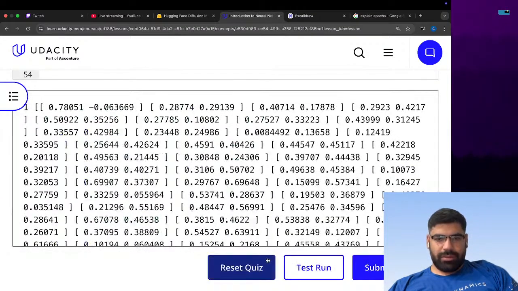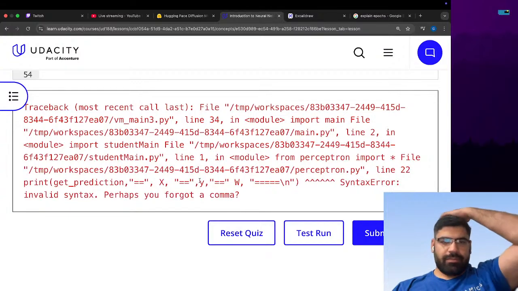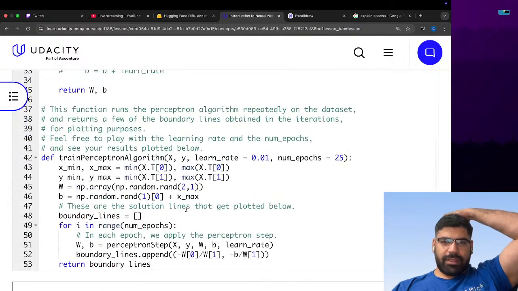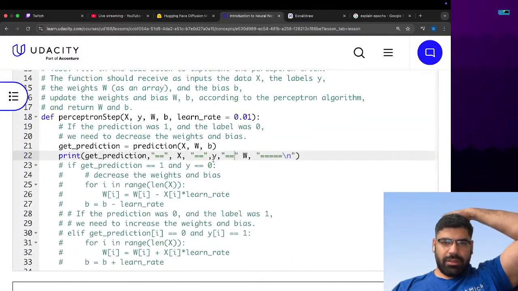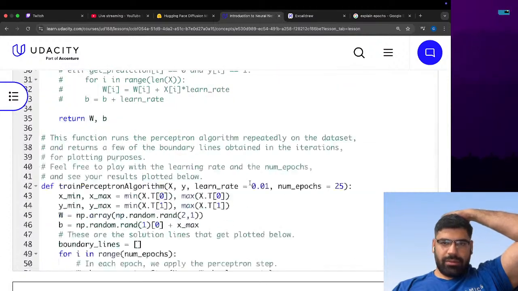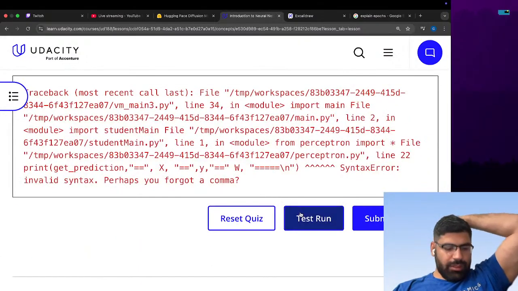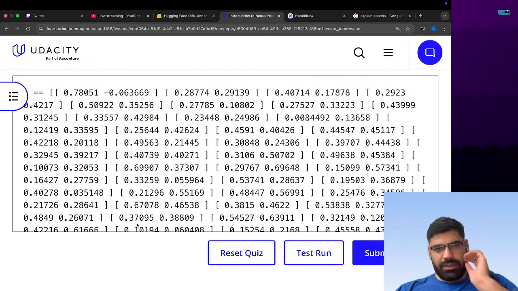Okay, perfect. Now let's see. Syntax error. Great. I think this will help me solve the answer.